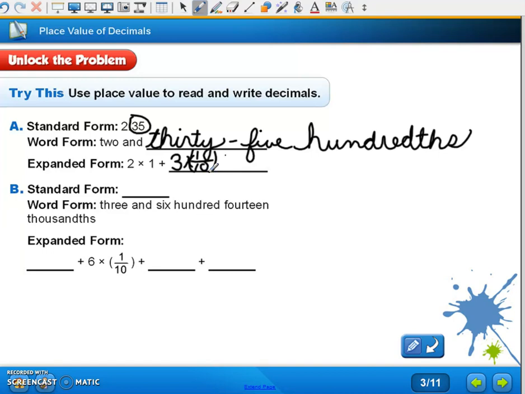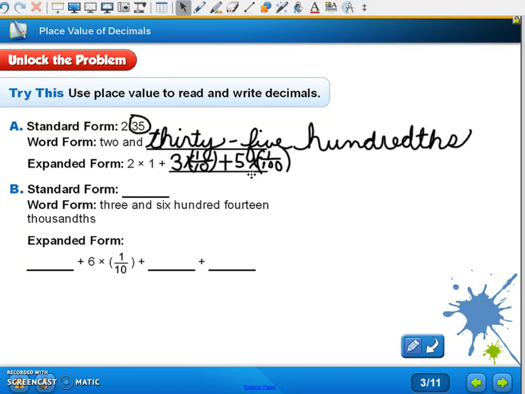Then you're going to put the plus sign. And now what are we going to put? 5 times 1 over 100. Put some parentheses around that 1/100. So 2 times 1 represents our whole number. 3 times 1/10 represents our tenths. And 5 times 1/100 represents our 5 in the hundredths place.